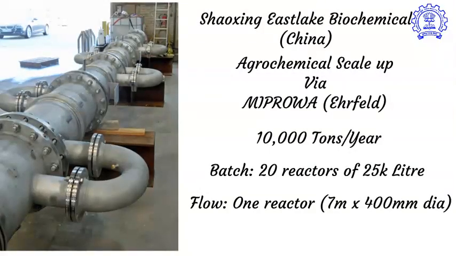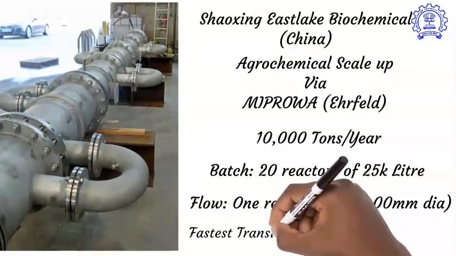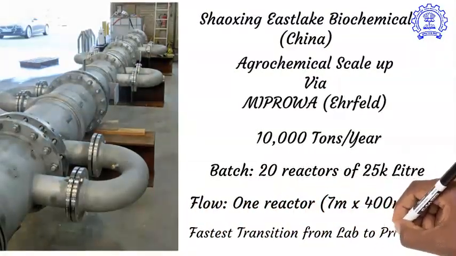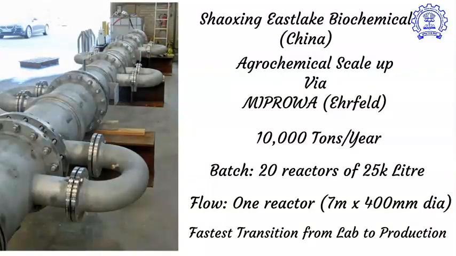In fact, this is an example of one of the fastest transitions from lab to the production scale, wherein it took only a few months to complete all optimizations, installations, and trials to start the production. This is one of the major attractions of continuous flow technology, as it can easily be scaled up without much intervention of design complications.